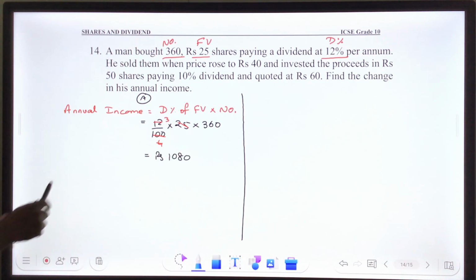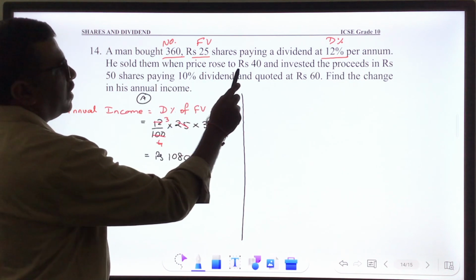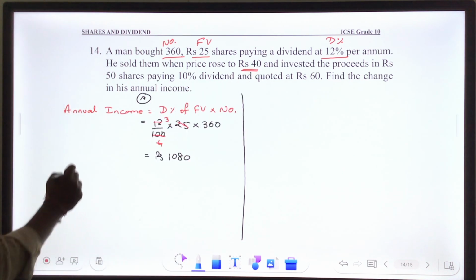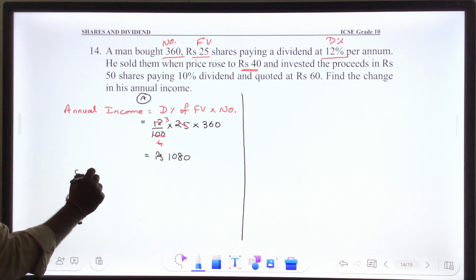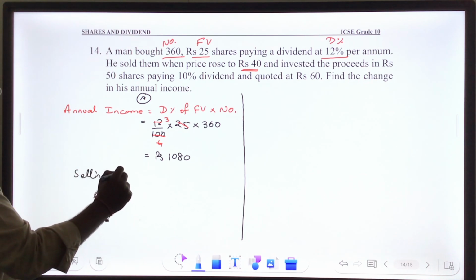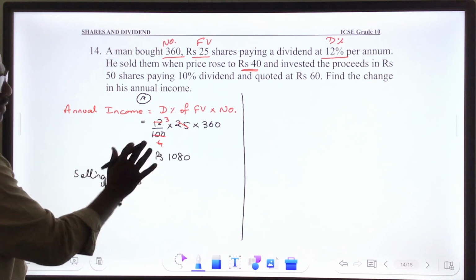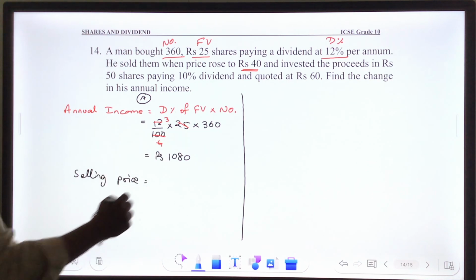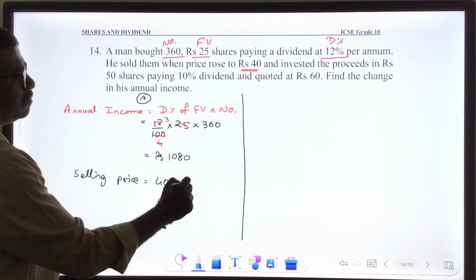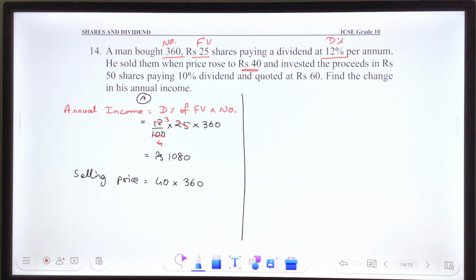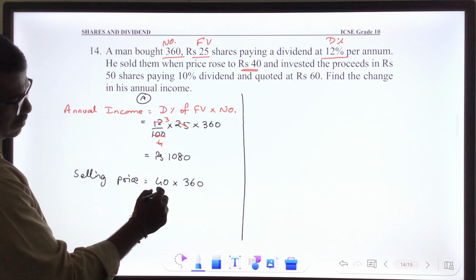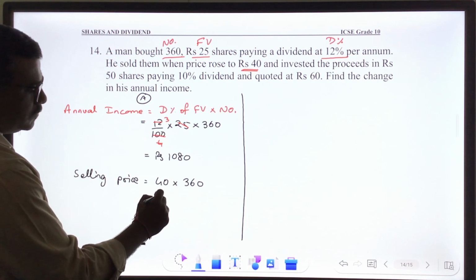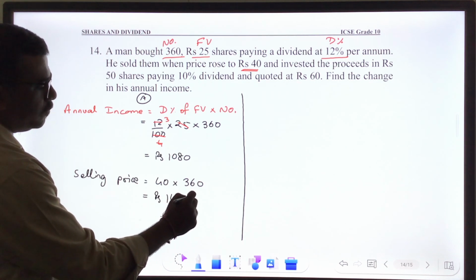Now, he sold them when the price rose to 40 rupees. So, selling price of the shares of company A will be 40 times number of shares 360. So 40 times 360 is rupees 14,400.